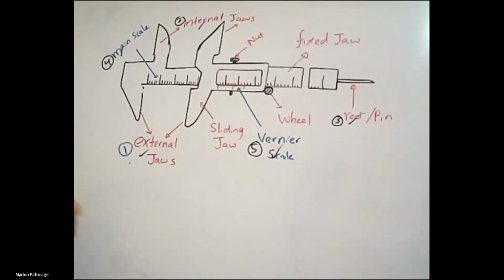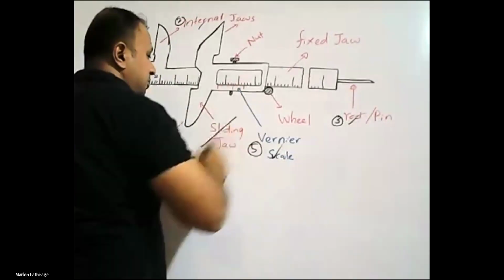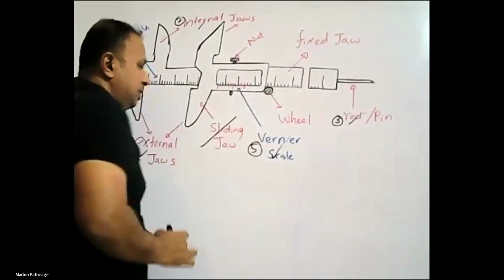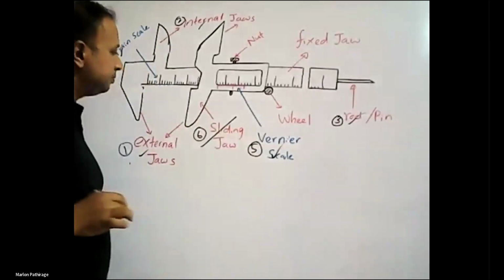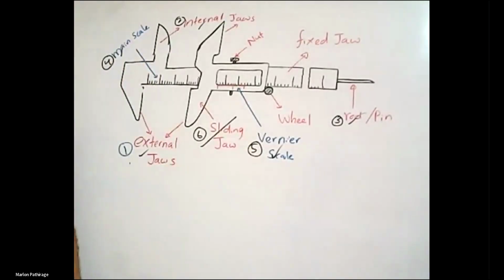Okay, then the sixth one is the sliding jaw.